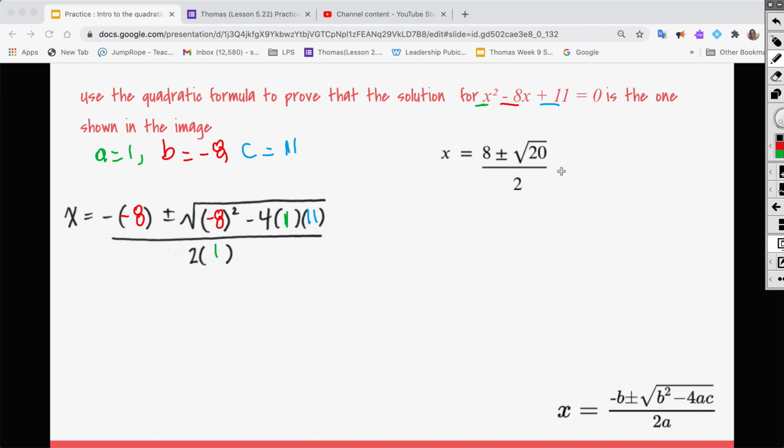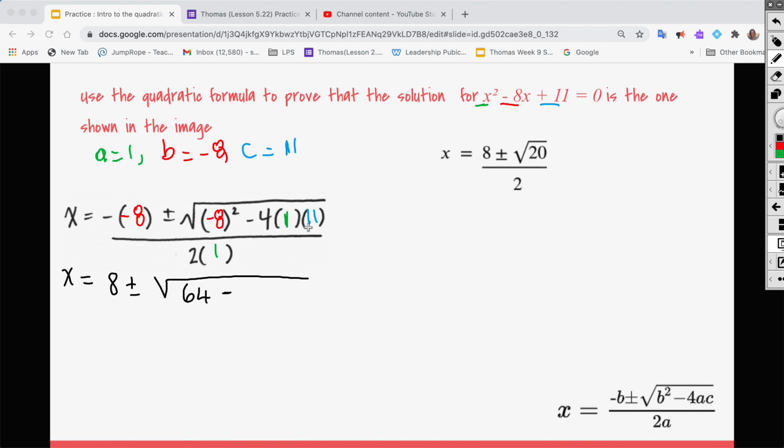Now we can simplify. So x is equal to a minus times a negative 8. Negative times a negative gives a positive, so that's a positive 8, plus or minus the square root of negative 8 squared is negative 8 times 8, that is 64. Minus 4 times 1, that's a negative 4.